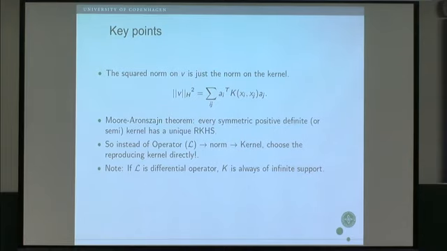And if L is a differential operator, that kernel has infinite support. So we cannot just, for computational reasons, go ahead and use these. We want to get to the kernels of compact support, but we still want to choose a reproducing kernel directly.